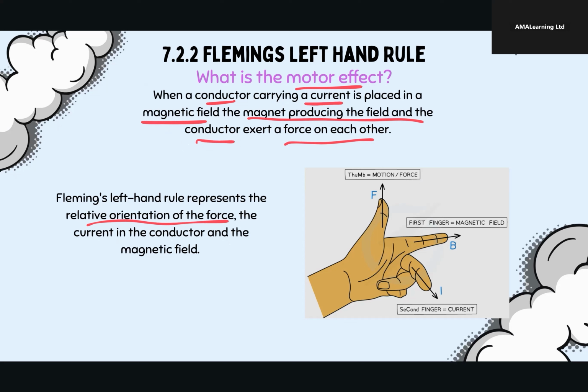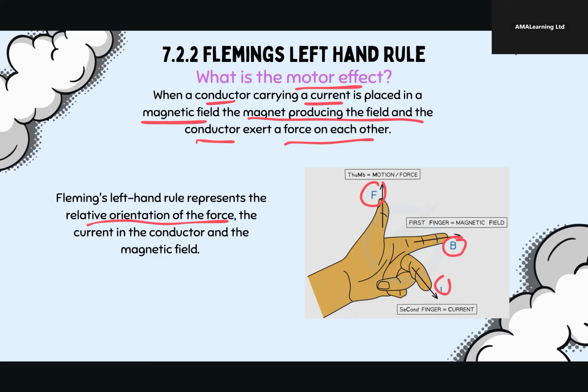With your left hand, put your fingers perpendicular to each other. The thumb shows the direction you're going to have movement. Your first finger shows north to south, as in the magnetic field, and your second finger shows the direction the current flows. Now, a really good way to remember this is FBI.